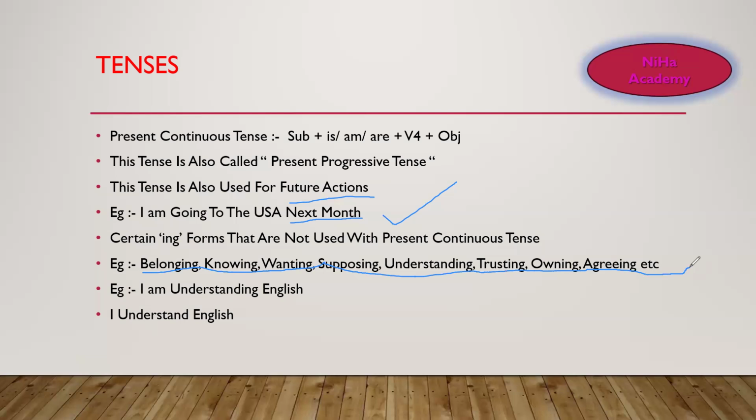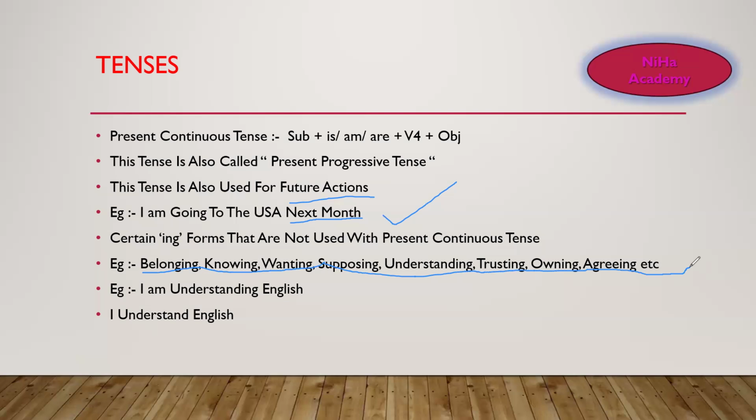I know AP capital is Amaravati. I want food immediately. I suppose to go to dinner. I understand English. I trust you. I own a car. I agree with you.